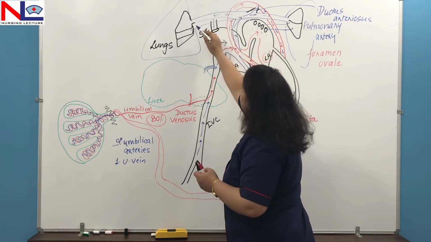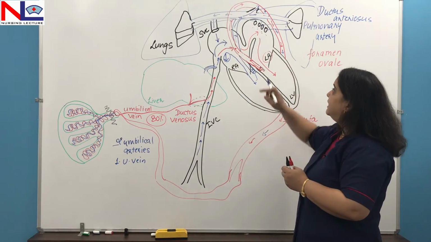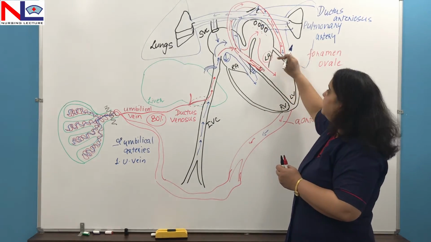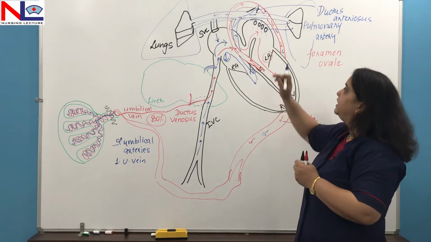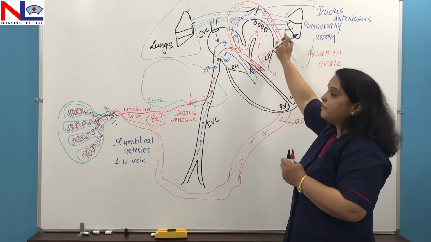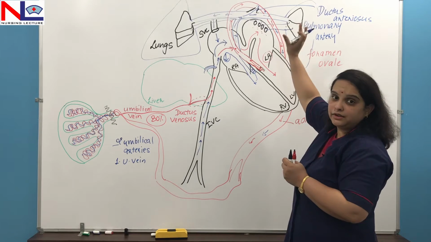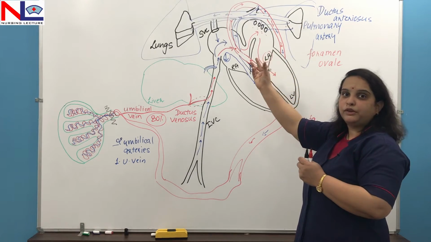So a good amount of blood is coming through the pulmonary vein, and this drains into the left atrium. Initially it was very few, but now there is a good amount of blood carried toward the lung, and a good amount of blood also coming back from the lung.